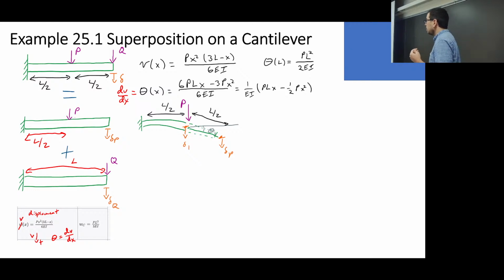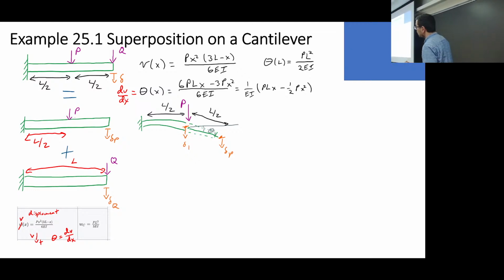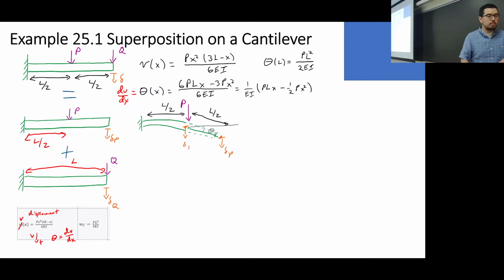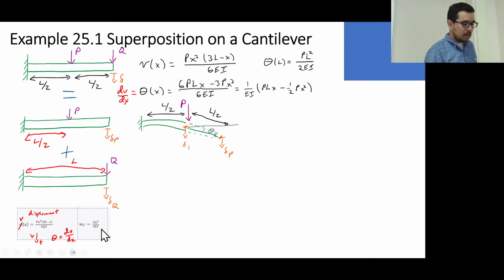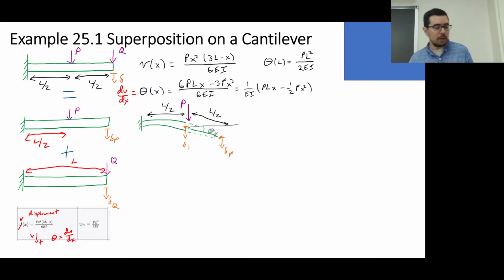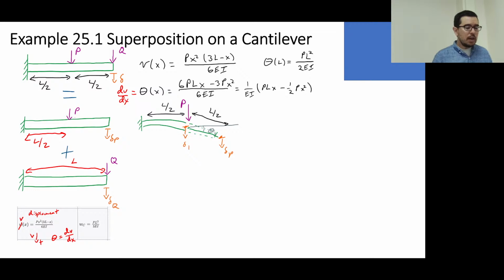Delta Q. Yeah, delta Q has more displacement. Why? The only difference is the length, which is longer. That's right. So if I use that bottommost equation right here and I plug in L over 2, I'm going to see that, of course, it's going to be bigger when I plug in a complete L. Okay, good.